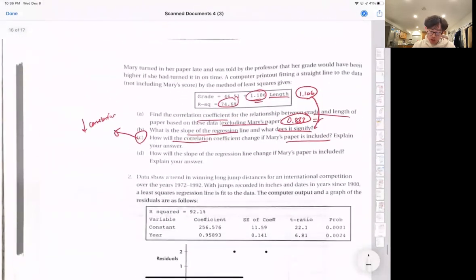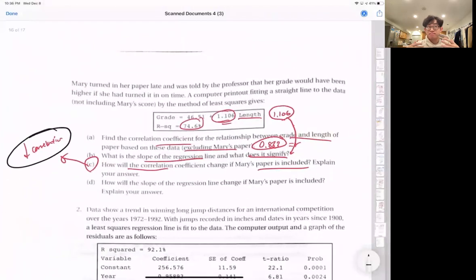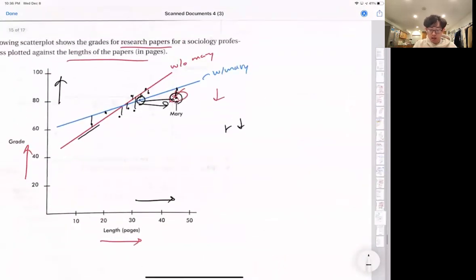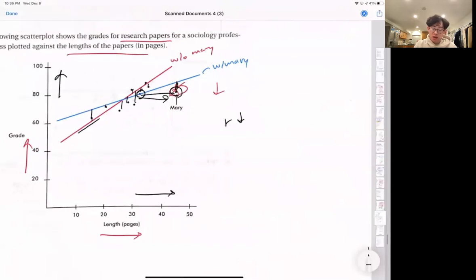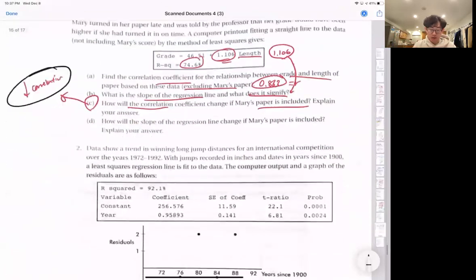So the correlation will decrease definitely because Mary's dot has a large residual. It makes the overall residuals increase. I think what they said was including Mary's paper will lower the correlation because her result seems far off from the regression line. Far off from the regression line means high residuals.